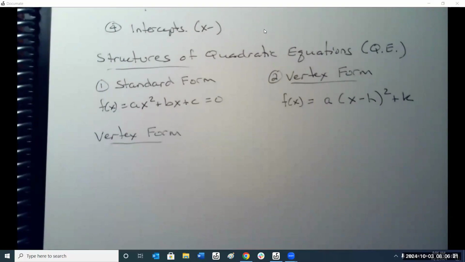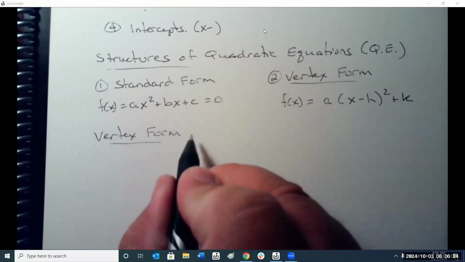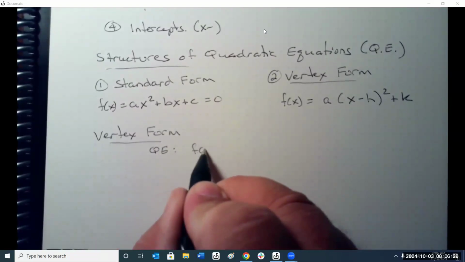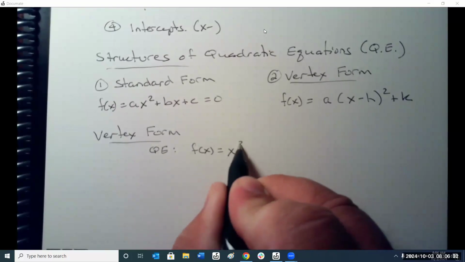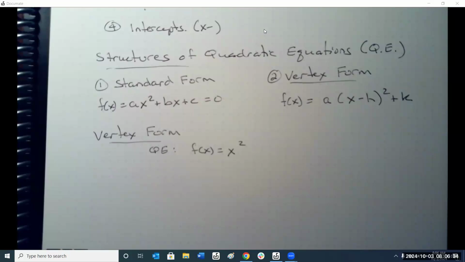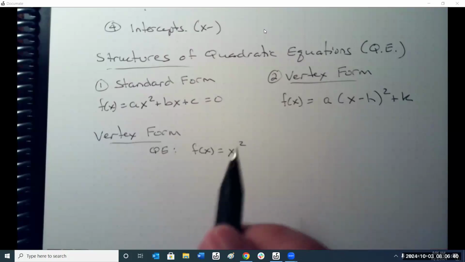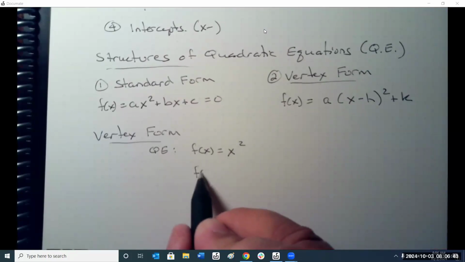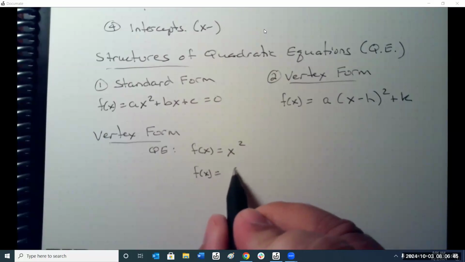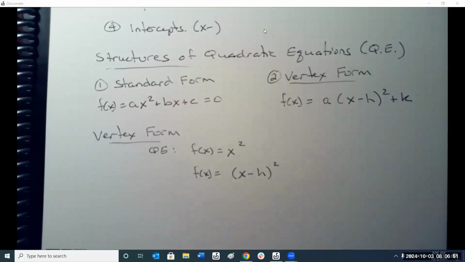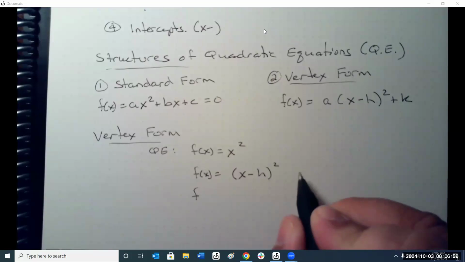From the end of chapter 2, the transformation quadratic equation looks like this. So let's build this thing. First thing we look at is we have a horizontal shift. So we have this number added and subtracted to the x. This is the horizontal shift.